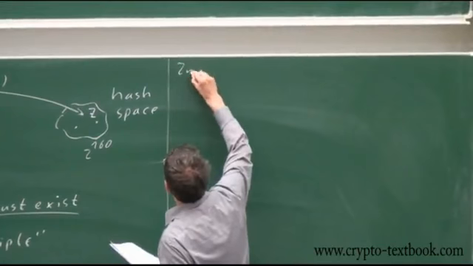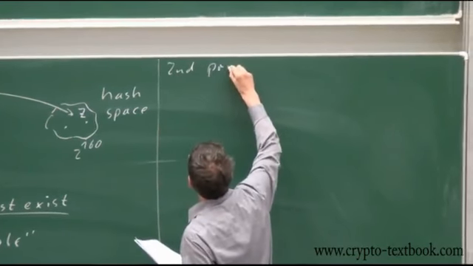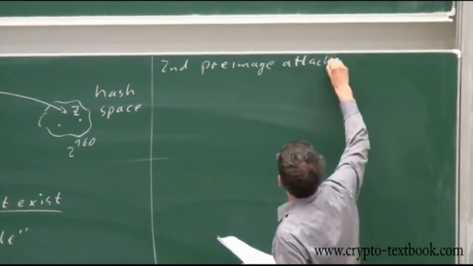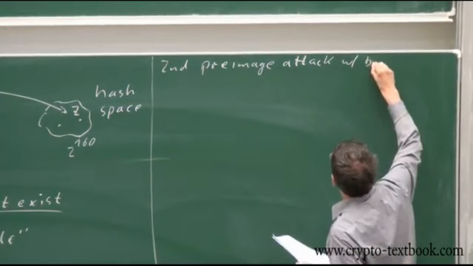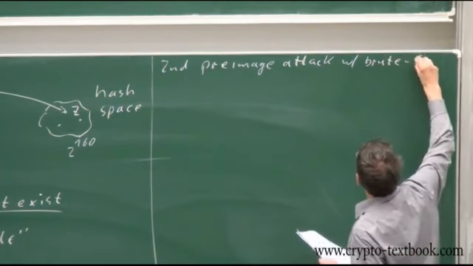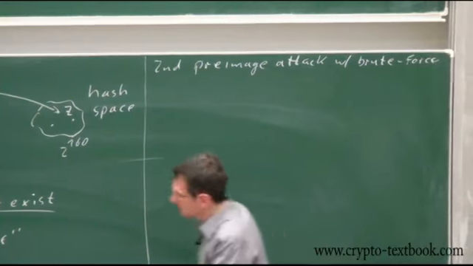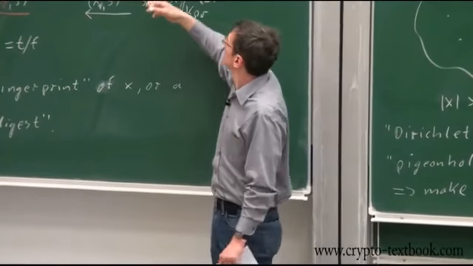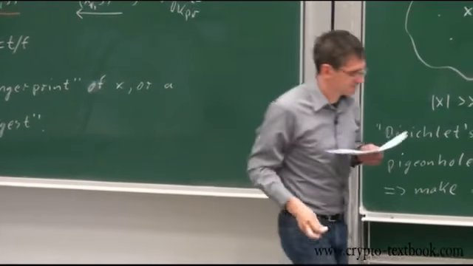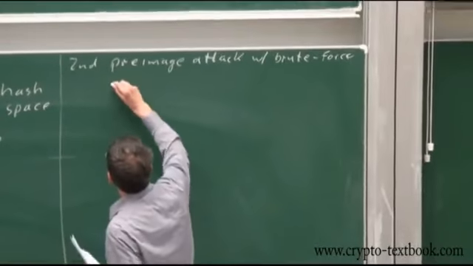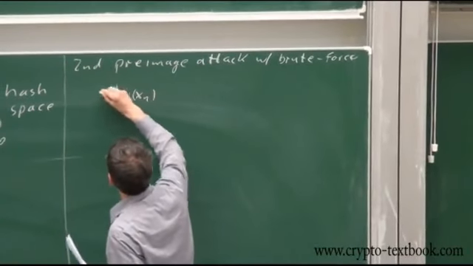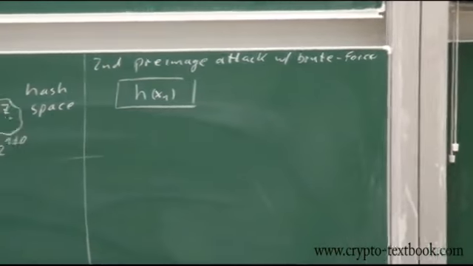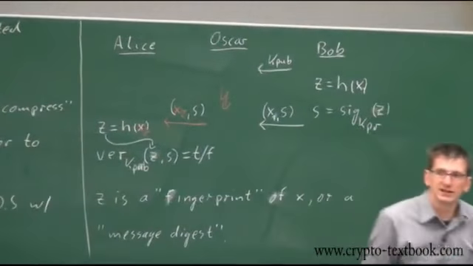So let's look at how we would actually do such an attack. We look at this scenario here. Given is x1, which is transfer 10 euros. Oscar puts this in a database, and what Oscar would like is to find a colliding x2.